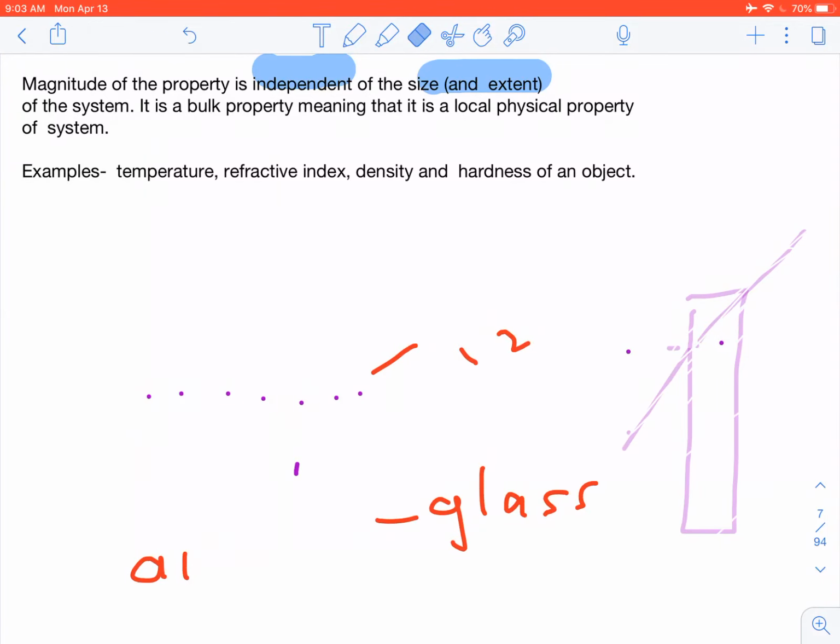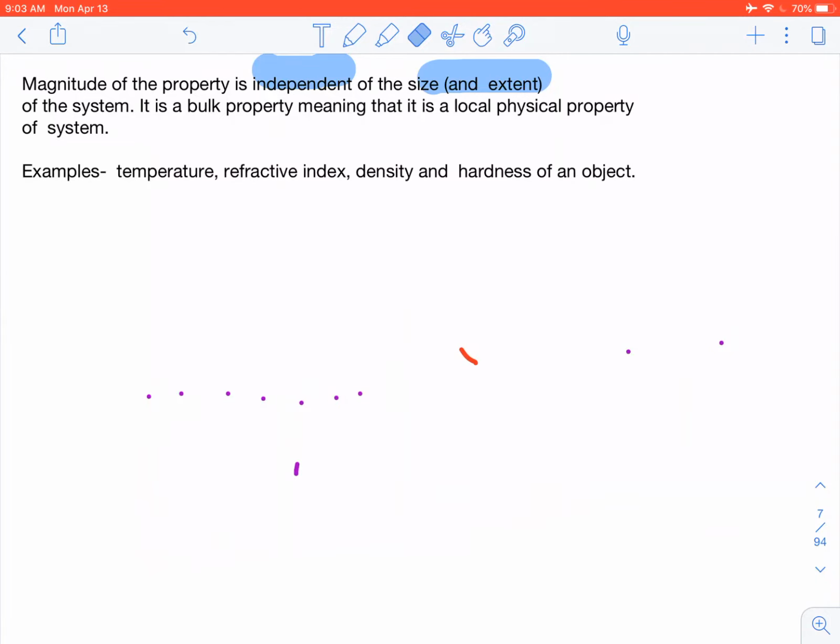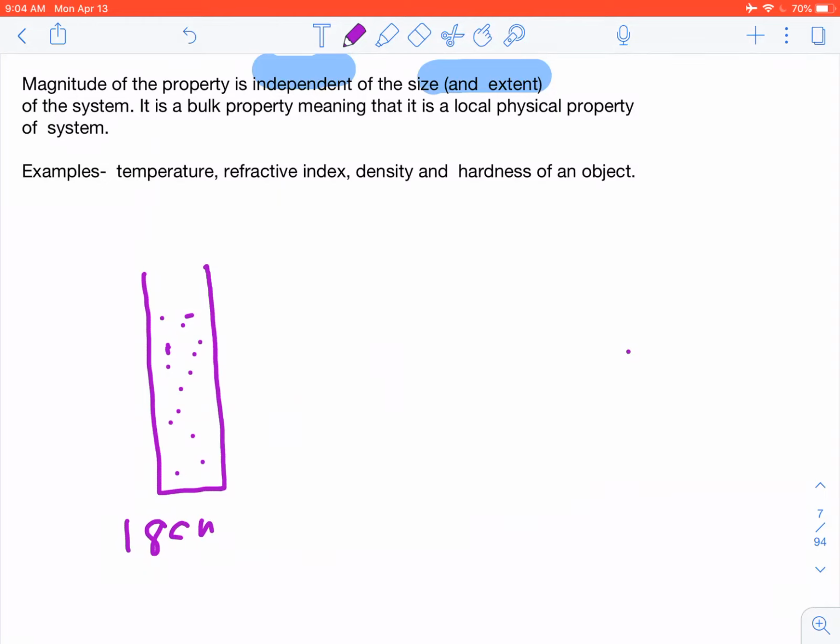Alright, then we go to, say, density. Right? So let's say I have water in here, and let's say I have 18 cubic centimeters of water, and we know that the mass of it is approximately 18 grams.